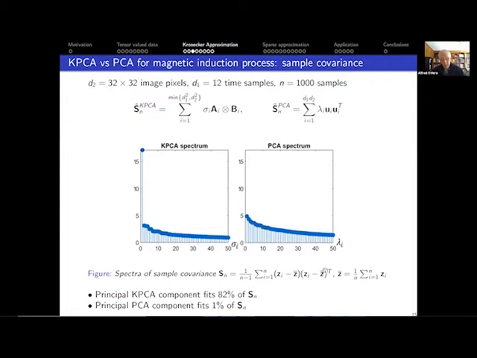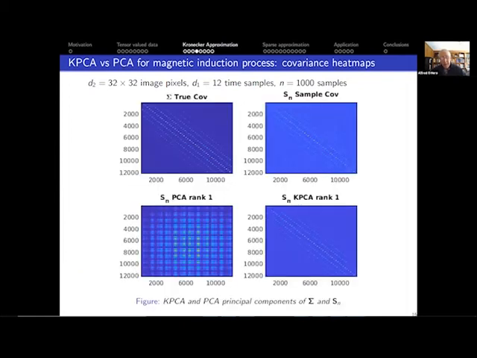These are for the sample covariance, which I define as realizations from a random process, in this case a multivariate Gaussian random process, with covariance equal to this rank 1 MIE. These are simulated from the MIE equation. And so you can see that this rank 1 decomposition in KPCA compares rather favorably with PCA.